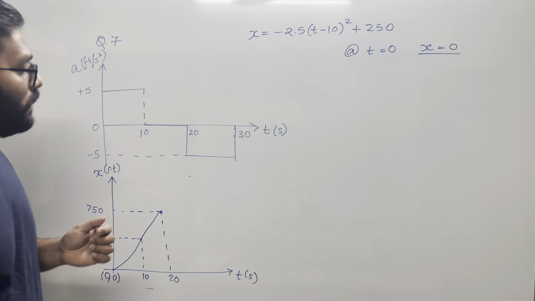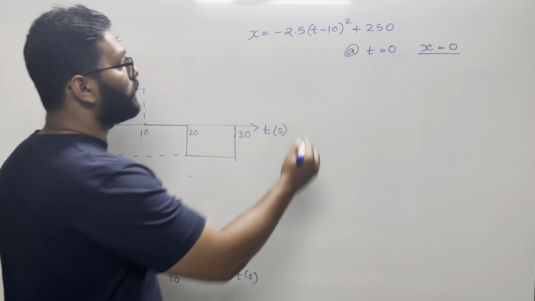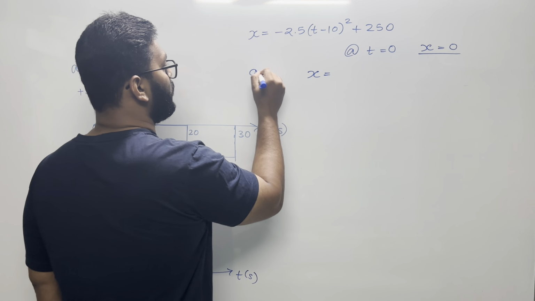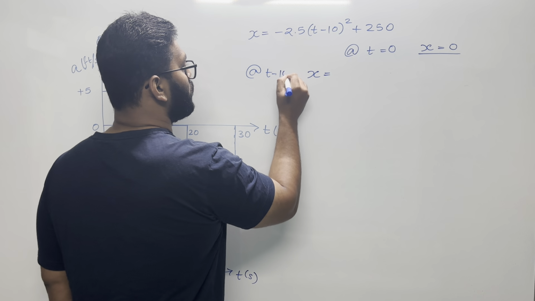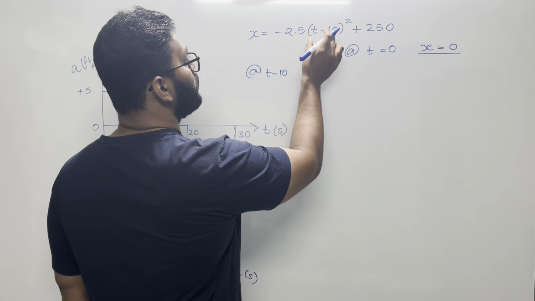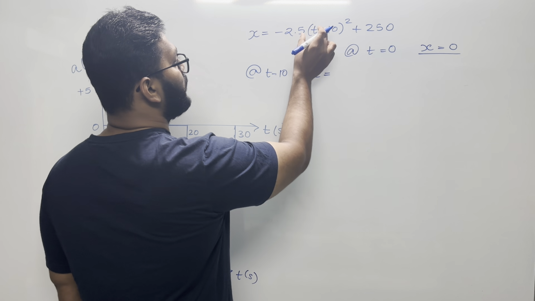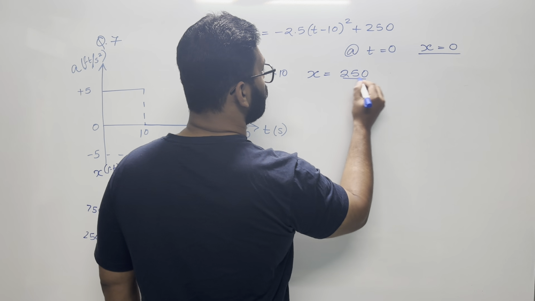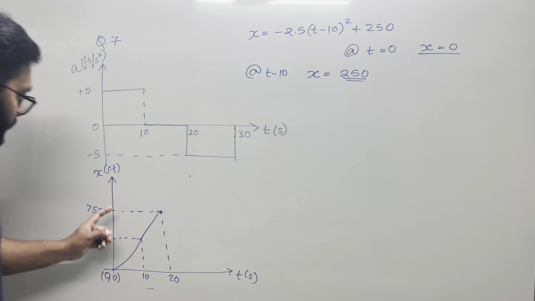Now, after 10 more seconds, what is going to happen? At t equal to 10, your x is going to be 10 minus 10 is 0, so this is going to be 250. So you are going 250 more than 750.